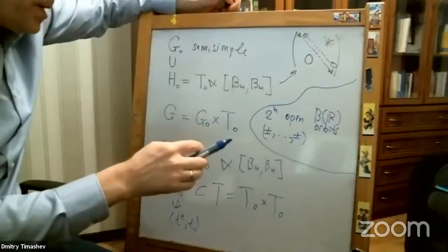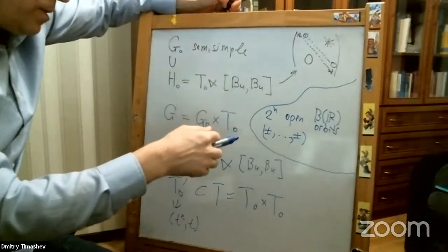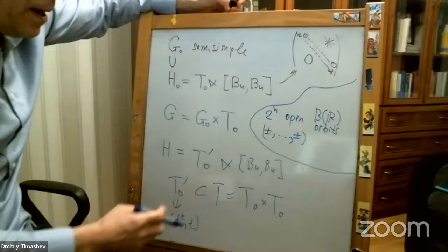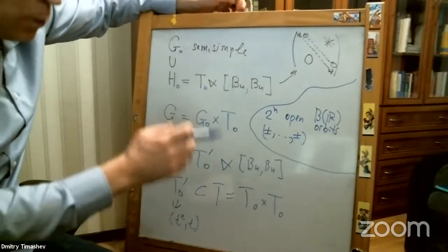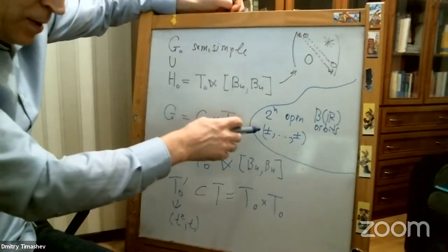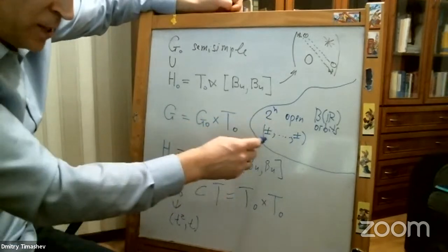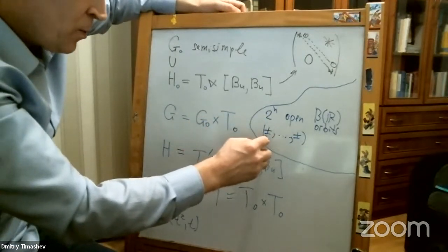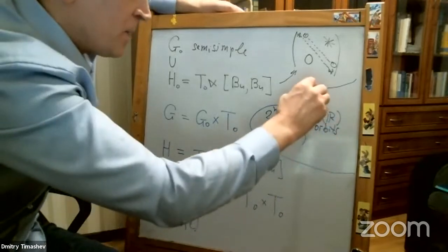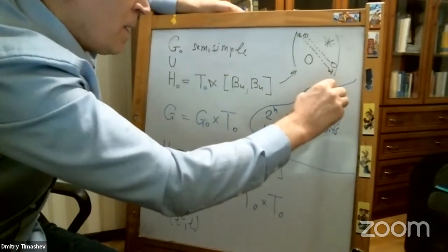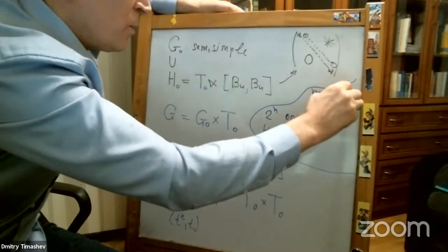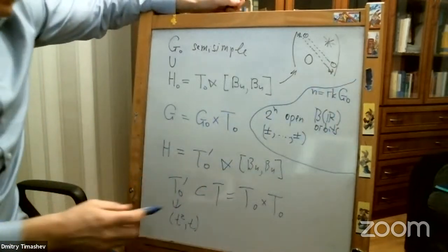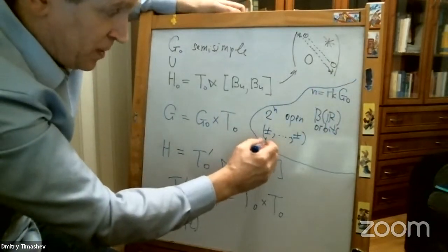I will skip the explanation how this parameterization is defined, but the reflection operators, what do they do in these terms? They just switch the signs. So n is the number of simple roots. n is the rank of G naught, and the reflection operators just switch the signs.